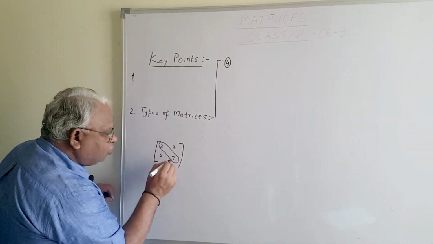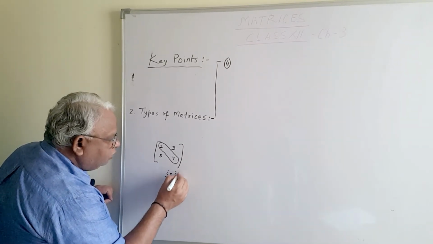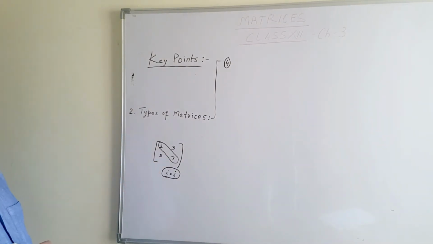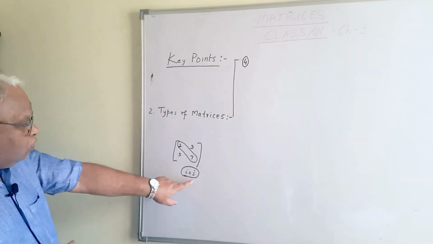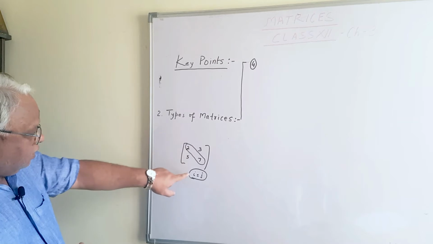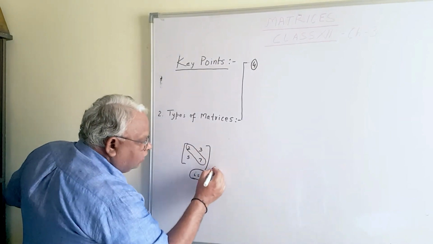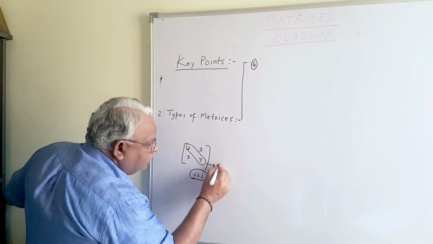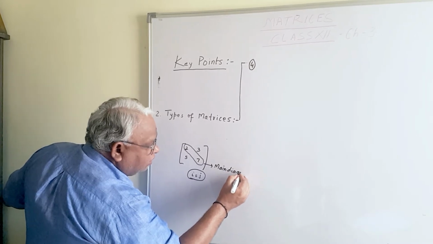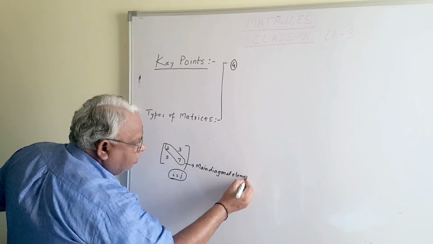If you look at the position of these elements, here i is equal to j. This is 1,1 and this is 2,2. Such elements whose position is located at this condition i equal to j make the main diagonal elements.